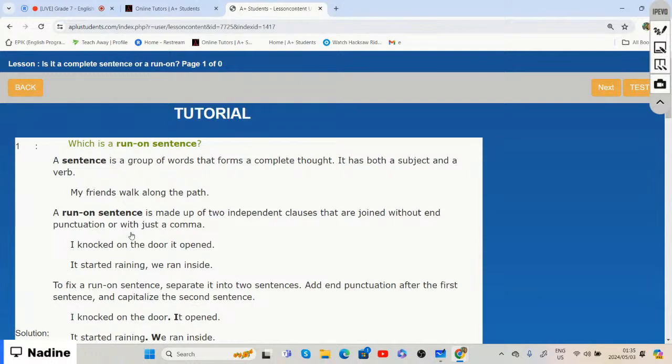A run-on sentence is made up of two independent clauses that are joined without punctuation or with just a comma. It's like saying, I knocked on the door, it opened. Or it started raining, we ran inside.